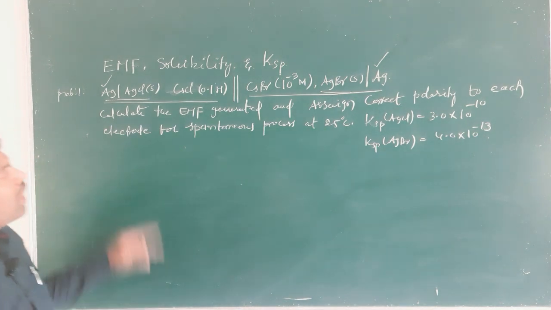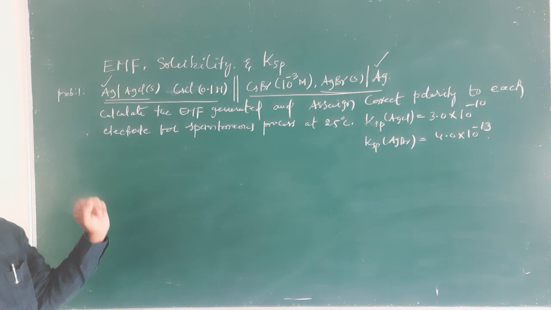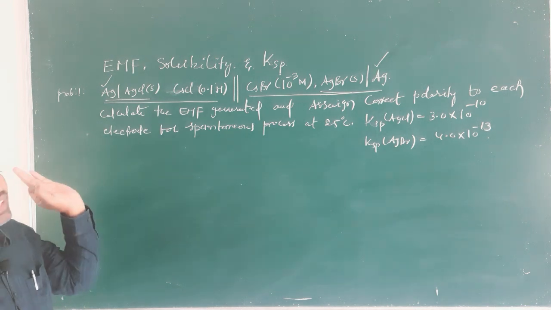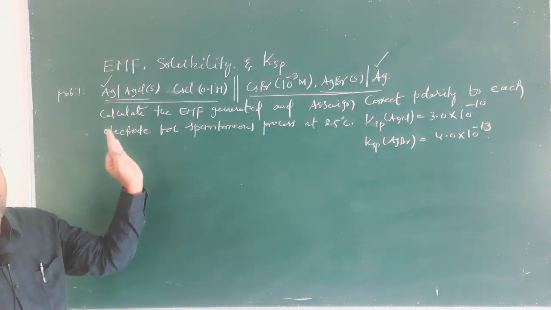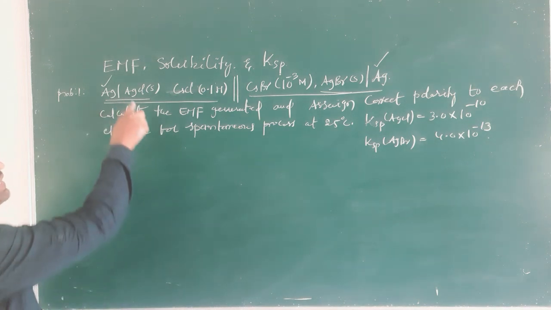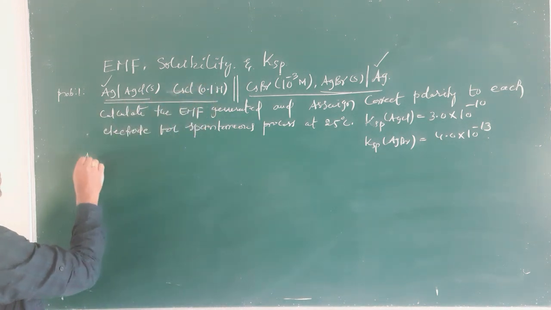Right. So, to solve the problem, first we have to write the cell reactions, that is, reactions that take place at the anode and cathode. Usually at the anode, what takes place?